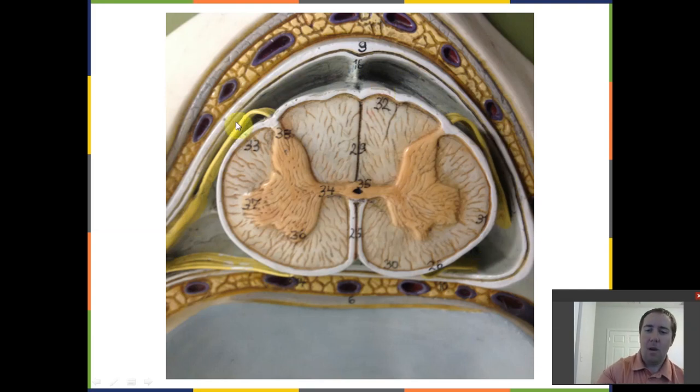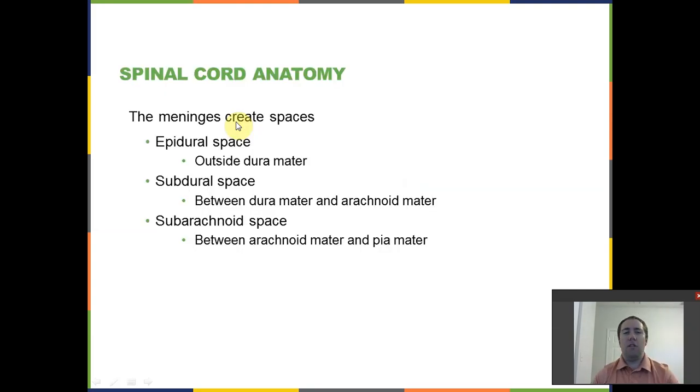Now, one of these words you've probably heard before. Which one sounds familiar? Epidural space? Yes, and why does that sound familiar? That's when the woman that's going into labor that wants to receive an epidural, that's where they would give the injection, that area.